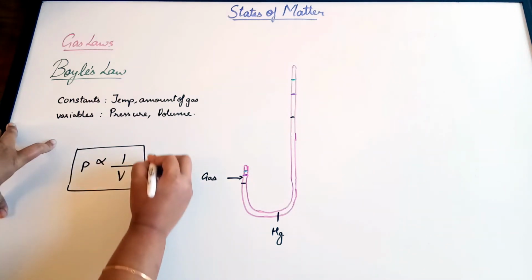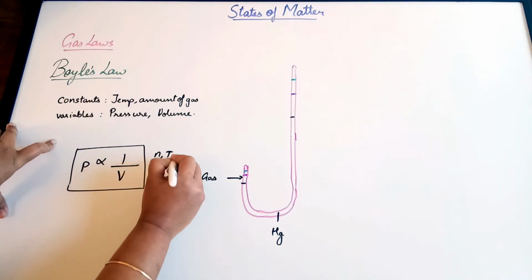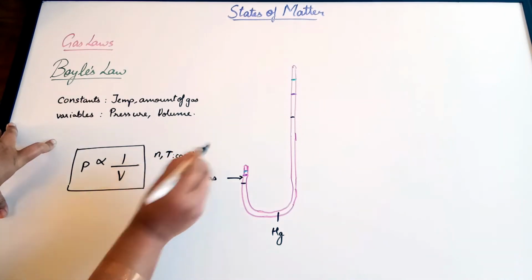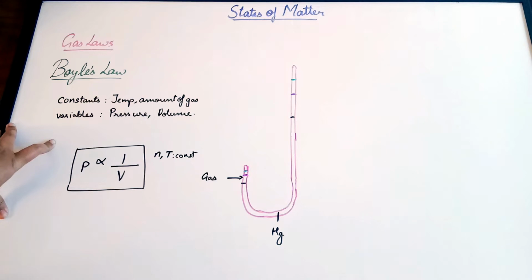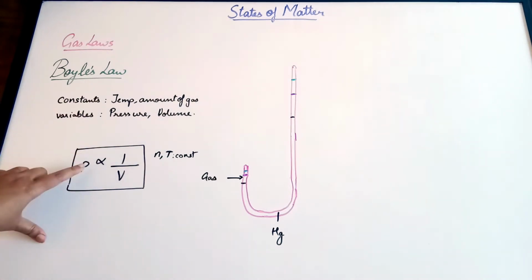Remember, you cannot state Boyle's law simply as pressure is inversely proportional to volume, because this has been done under specific conditions. Only under conditions of constant temperature and amount of gas do you have pressure inversely proportional to volume.